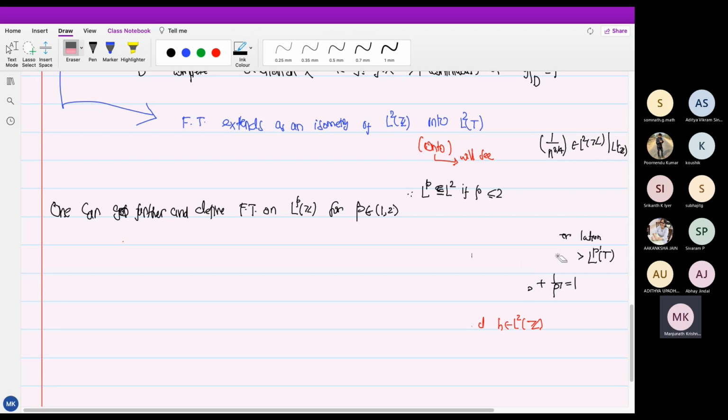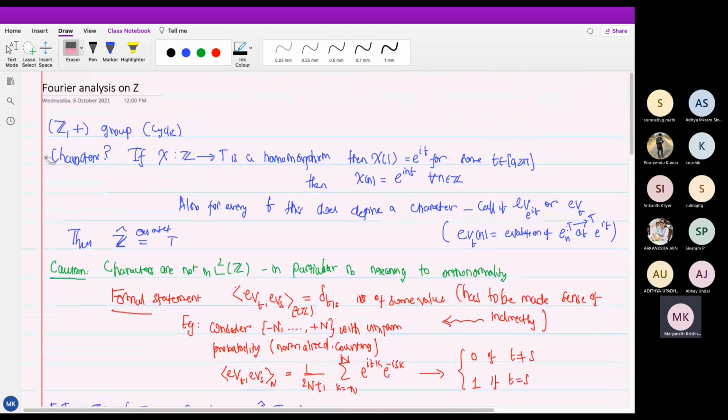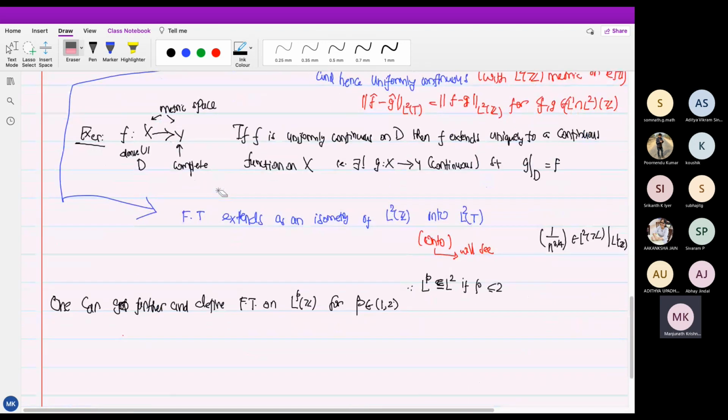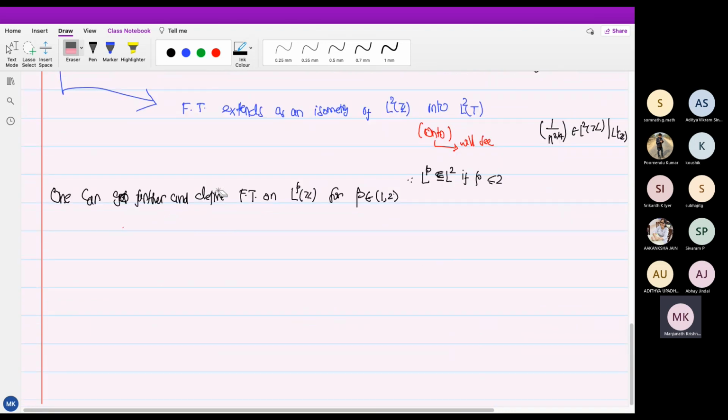Okay, so next time I will just wrap up the duality. So now you have Fourier transform on Z and Fourier transform on T, and I will just repeat the Fourier inversion. The duality picture will be sort of complete here once we do this.